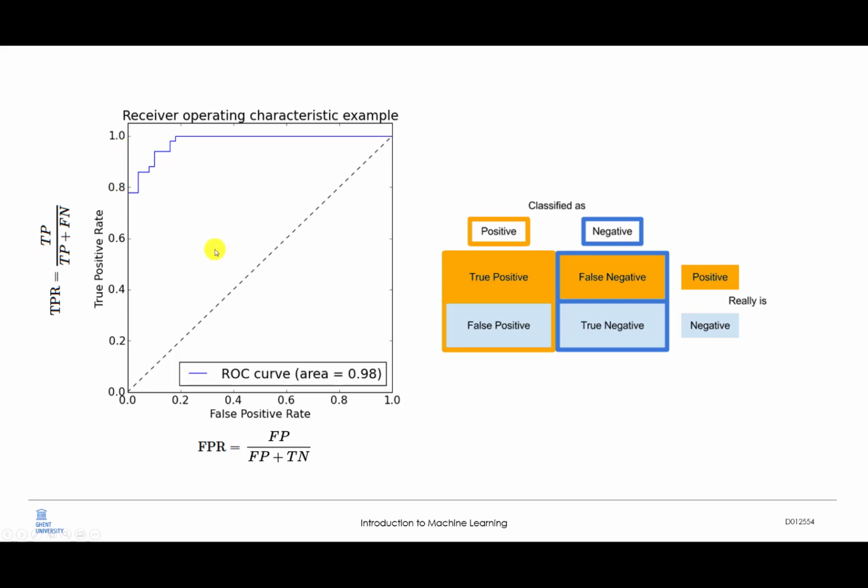And so one way to summarize this curve into one value is by taking the area under the curve. So how big is the area under the curve? The bigger it is, the more accurate the predictions were. Okay, and so we call that the area under the curve. And so this is also what you will be using throughout the projects in the course.